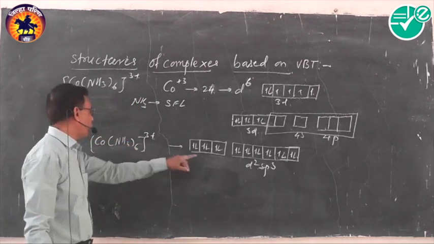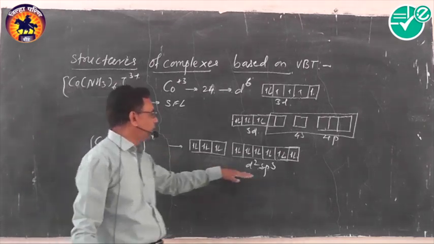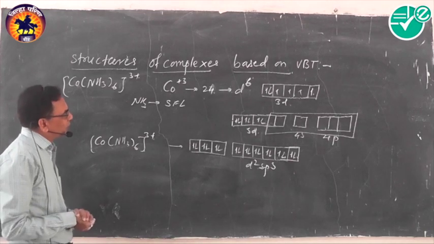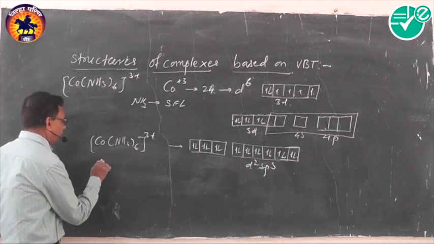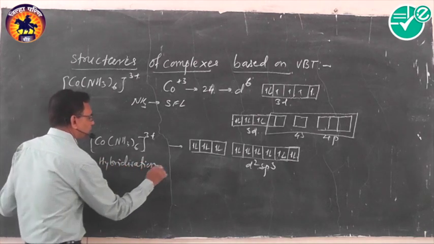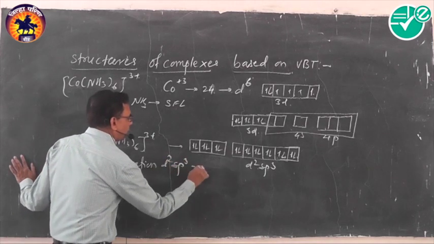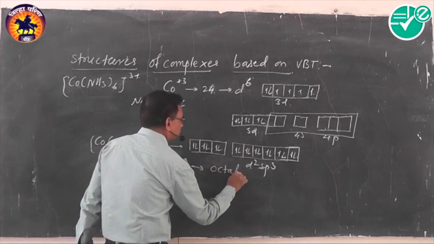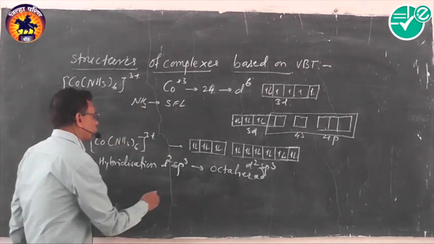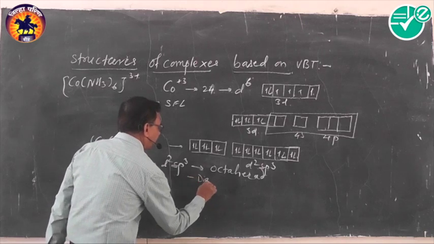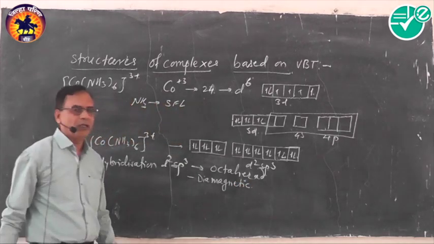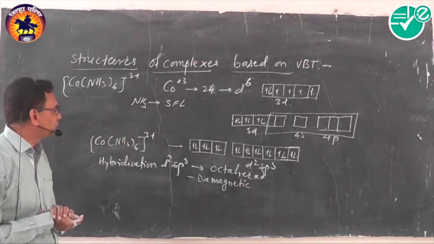This ammonia forms a coordinate bond with this central metal ion cobalt, and the electronic configuration of this is like this. Now, since the hybridization is d2sp3, its geometry is octahedral. Since there are no unpaired electrons, its magnetic behavior is diamagnetic. Therefore, the magnetic moment is 0.